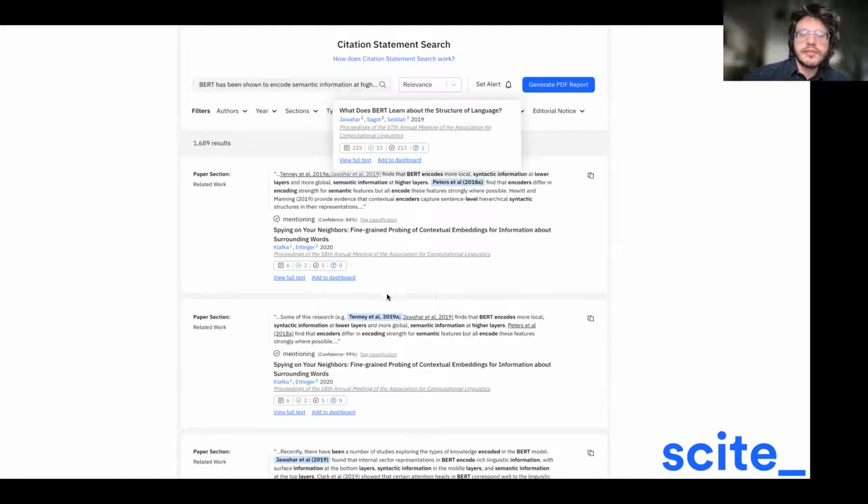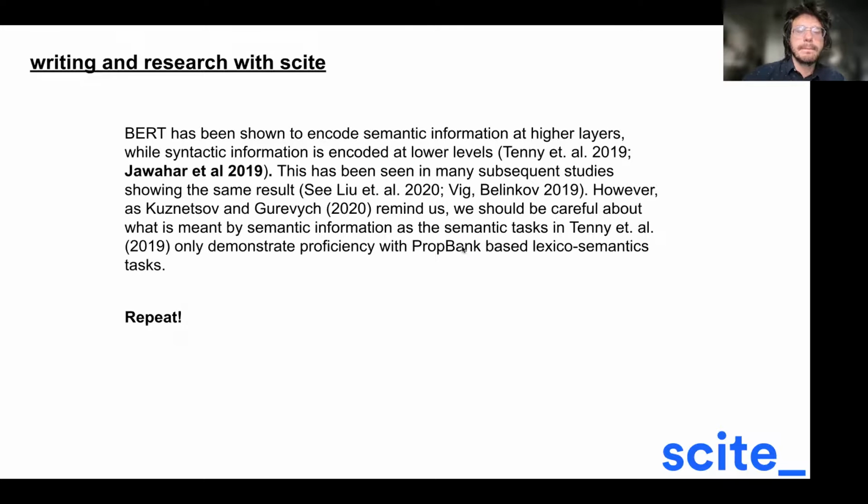If you know what co-cites are, that's what these are: citations that are cited together. This other paper, Jawahar 2019, What Does BERT Learn About the Structure of Language?, looks like it's being co-cited when people make that claim.